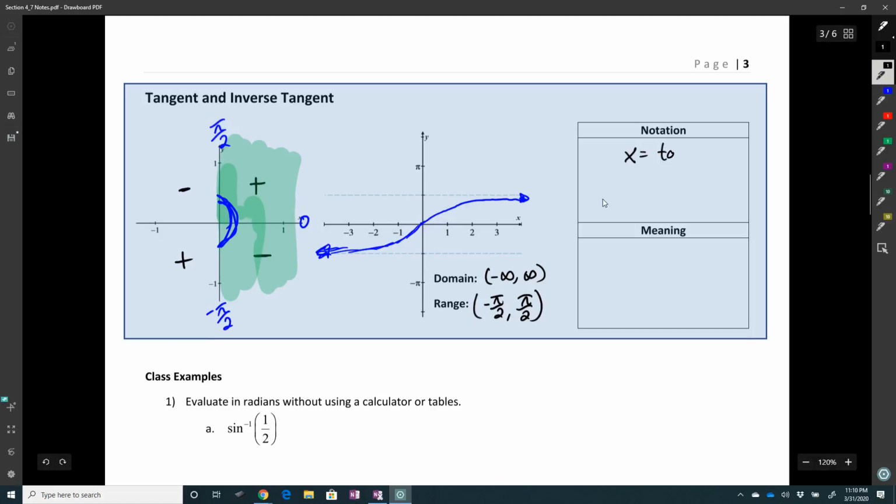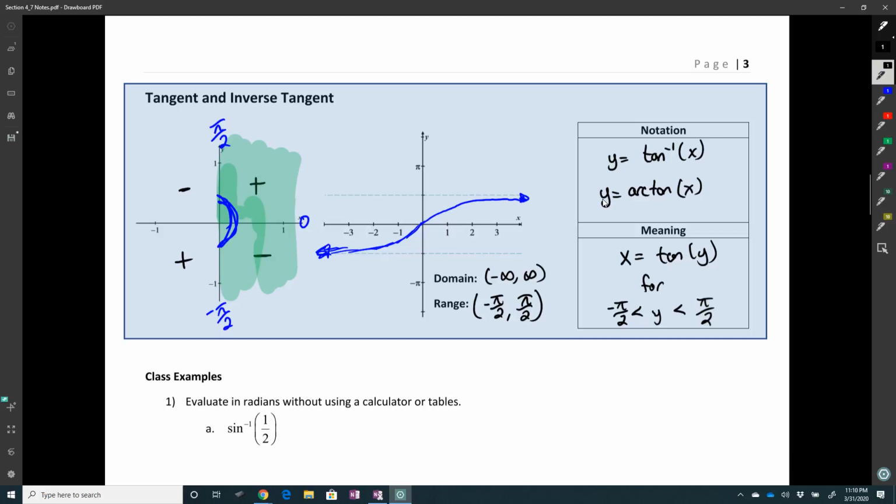Oh, sorry, I put that in the wrong spot. The notation is y equals inverse tangent of x, or y equals arctan of x. Whenever you see that, it just means you swap the x and y values. And notice I didn't put less than or equal, I just put less than, and that's a y value.